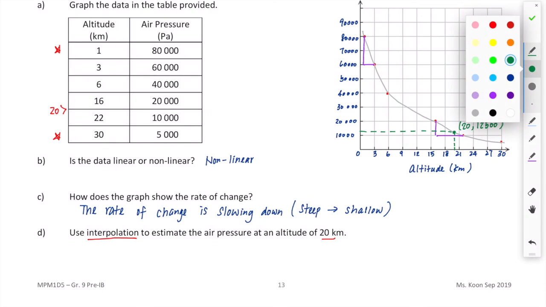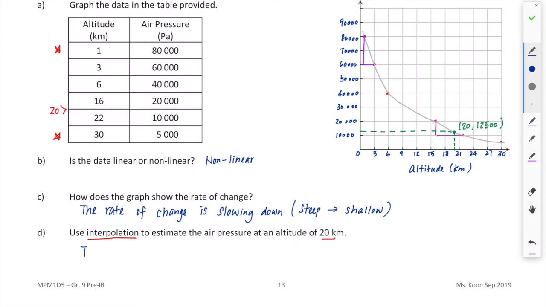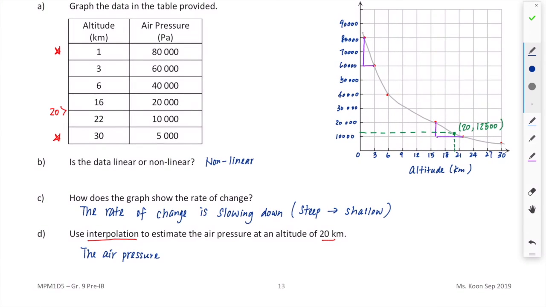So using interpolation, we found that the air pressure at an altitude of 20 kilometers is 12,500 Pascal. Pa stands for Pascal. That's the unit for air pressure.